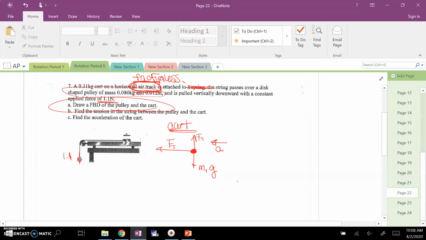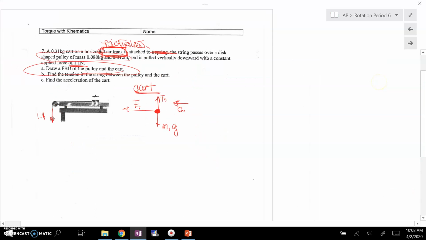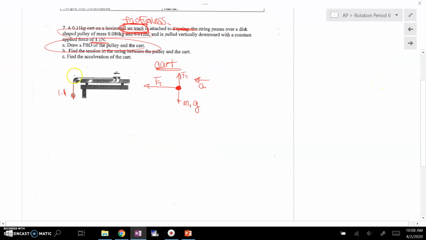Again, no friction. And then with the pulley, this is the pulley right here. I'm going to do it actually over here. Pulley. Okay, so you have force of gravity of the pulley, the normal force of the axle.